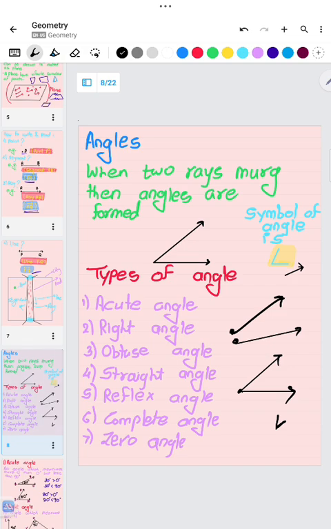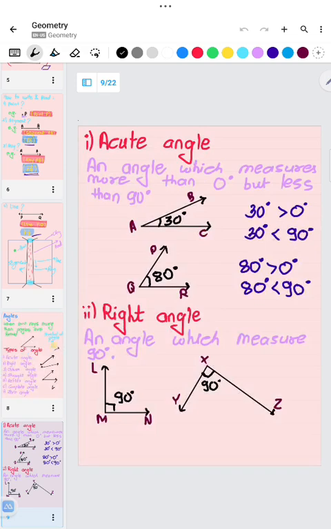There are 7 types of angle: acute angle, right angle, obtuse angle, straight angle, reflex angle, complete angle, and last, zero angle. First, what is acute angle? An angle which measures more than 0 degree but less than 90 degree is said to be acute angle.